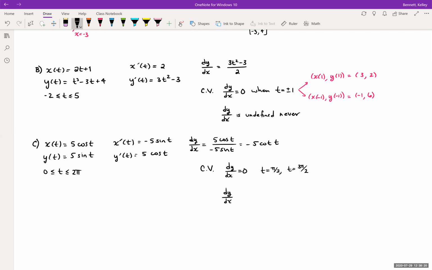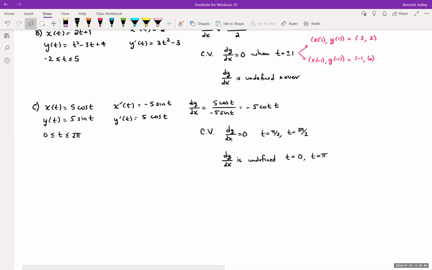I also need to check where the derivative is undefined. And that's going to be where sine of t is equal to 0. So that's going to be t equals 0 and t equals pi. So hopefully this is making intuitive sense, because if we think about this graphically, if I graph x of t and y of t on 0 to 2 pi, I'm going to get a circle, which is very hard to draw.